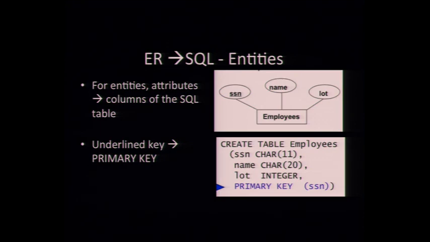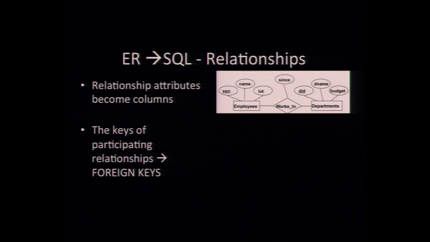Okay, relationships are a little bit trickier. You convert the relationship, again, into a create table with that name, and the attributes also become columns of that table. The keys, if you think about it, a relationship is specifying how different entities are participating together.